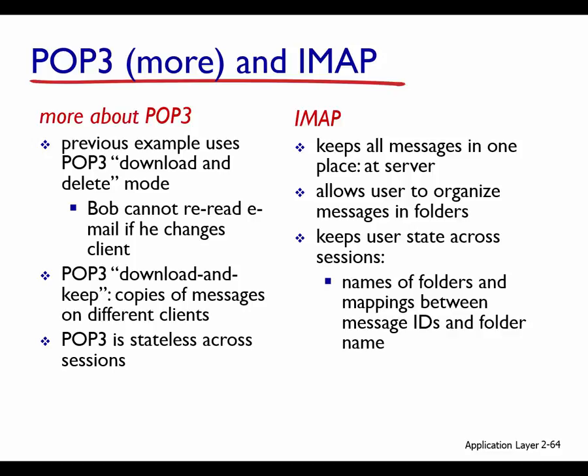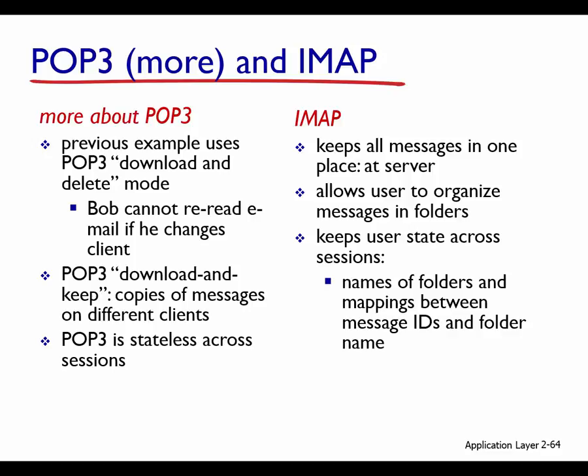IMAP, being a newer protocol, has some additional features. IMAP keeps all the messages in one place at the server, so you're never in a situation where changing the client is going to impact your ability to access the message.